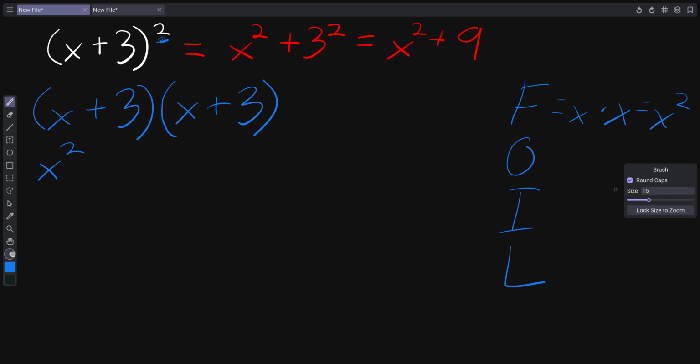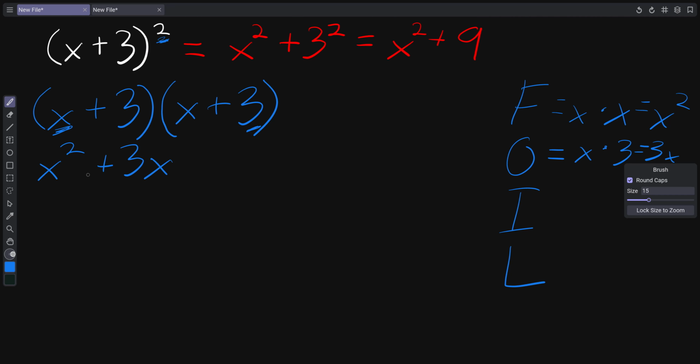Then we would do what was in the outer section, which would be x and 3. This is considered the outer, so we do x times 3. That would give us 3x, and because it's positive, we would add it here.